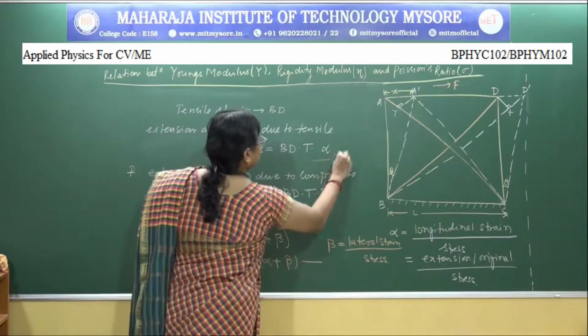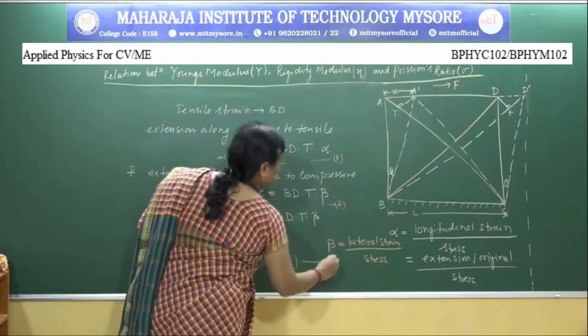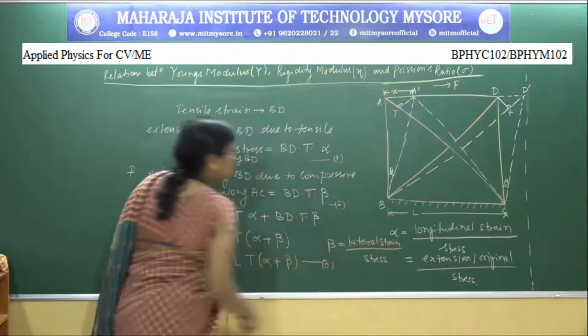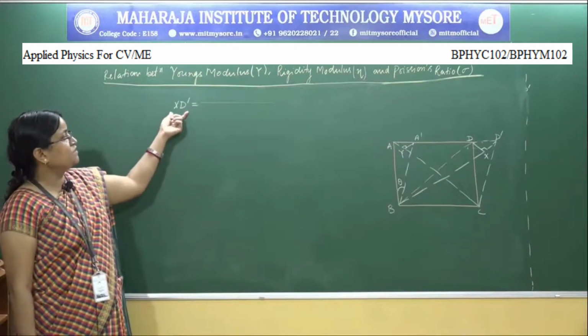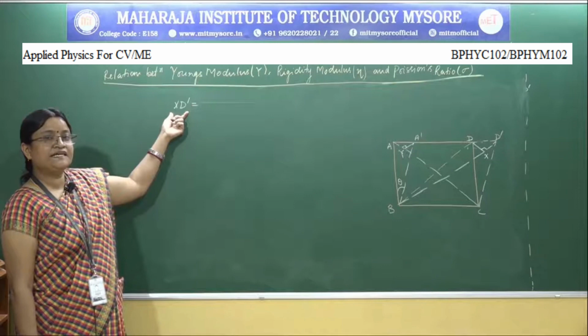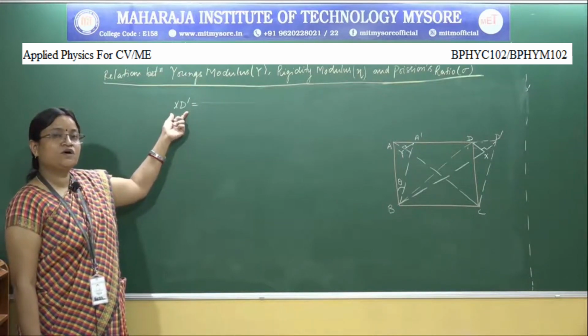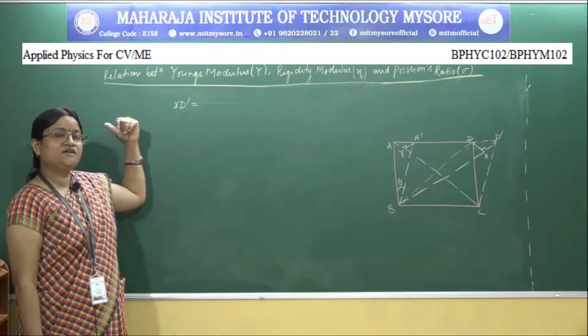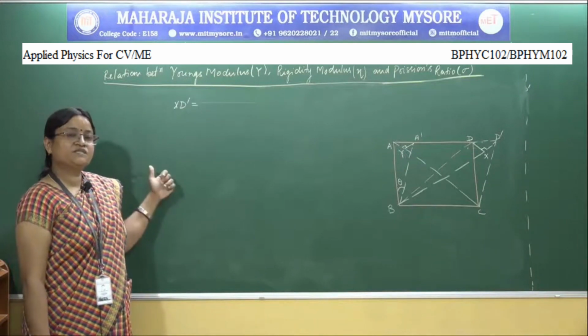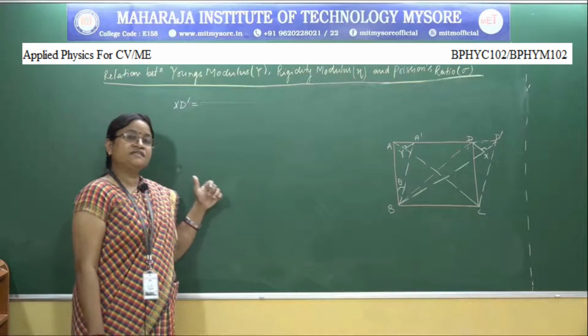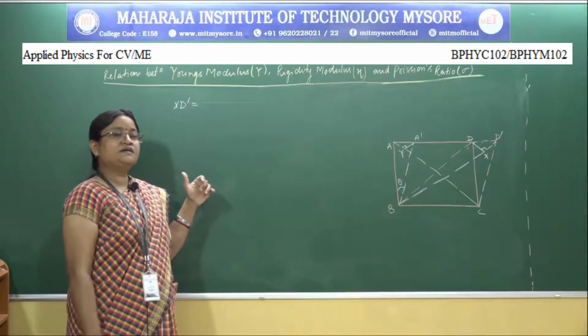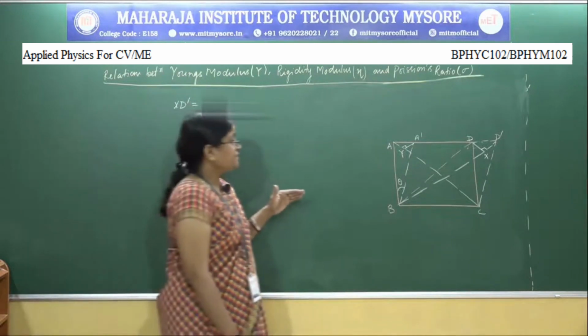We will number this equation 3. Next we will find the value of XD dash, and we will repeat the similar process we did in the earlier derivation of the relation between compressive strain, shearing strain and elongation strain.